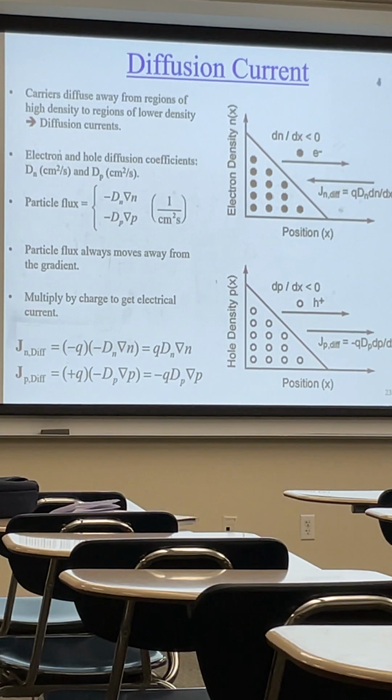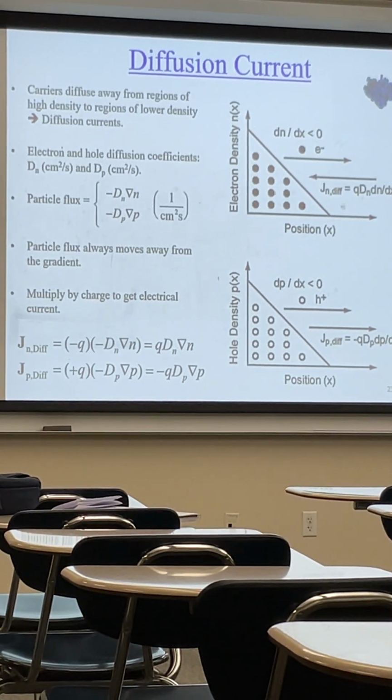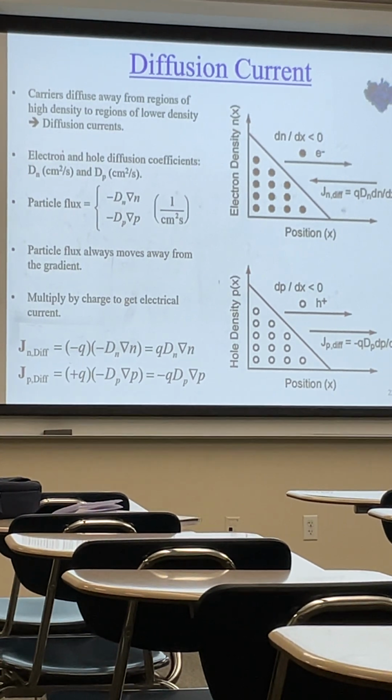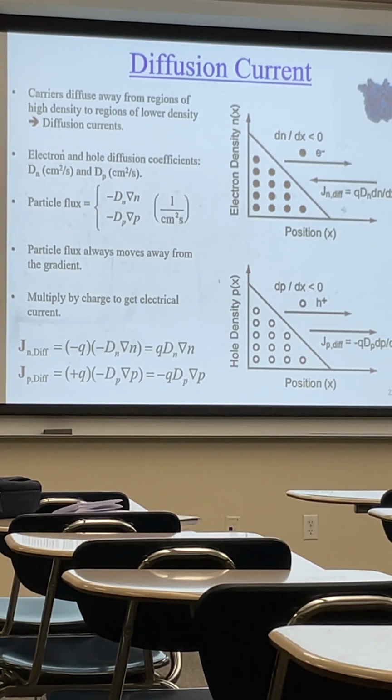To calculate the current, we need to multiply by charge to get the electrical current. For electrons it's negative charge, so it's minus Q, and the two minus signs cancel out. So we have Q D times the gradient in n, and we can do the same for holes.